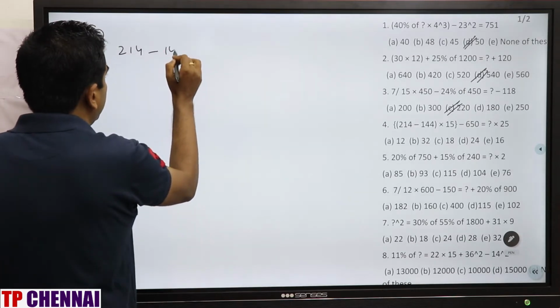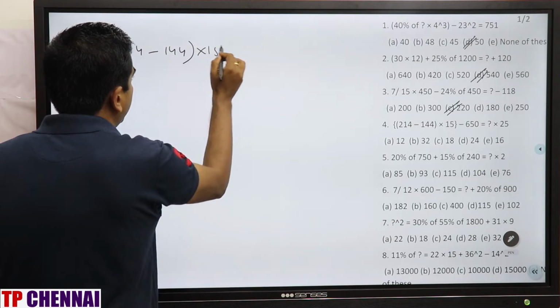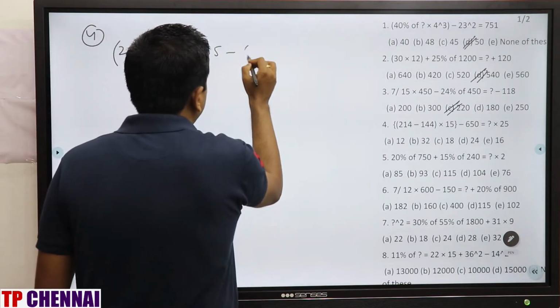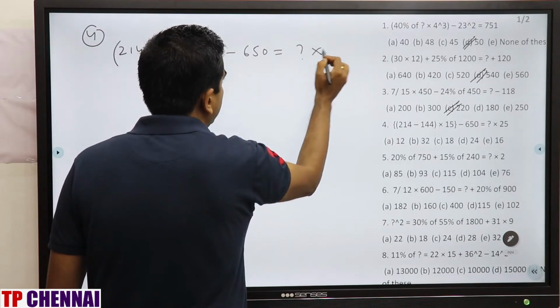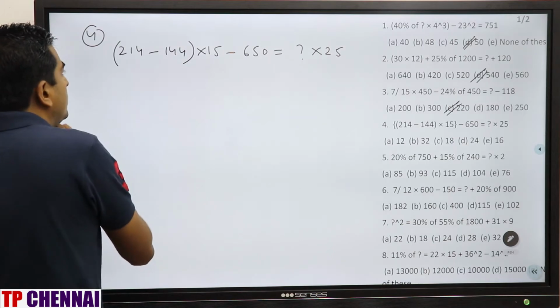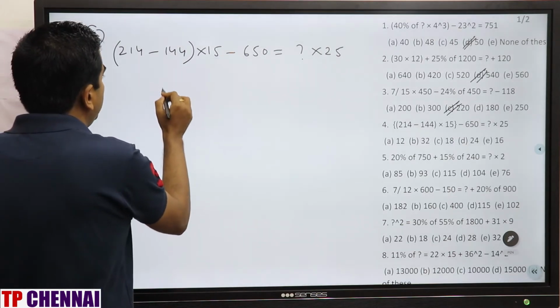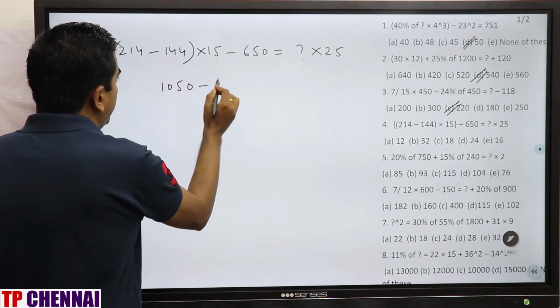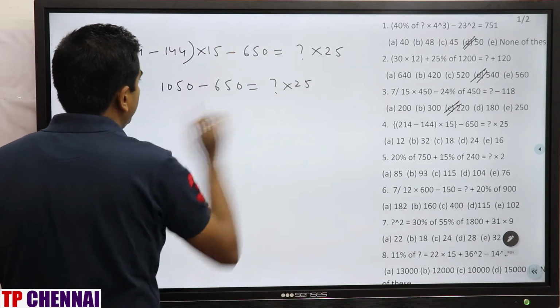214 minus 144 into 15 minus 650 is equal to question mark into 25. Right? This is how much? 70 into 15 is 1050 minus 650 is equal to question mark into 25.